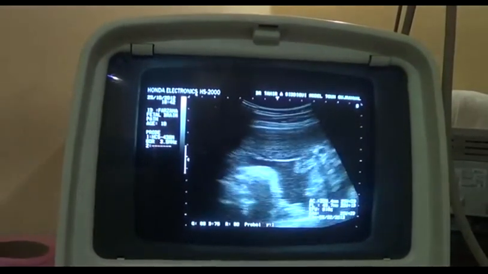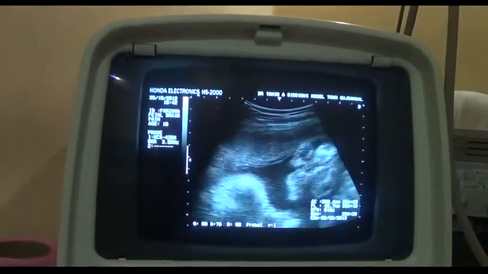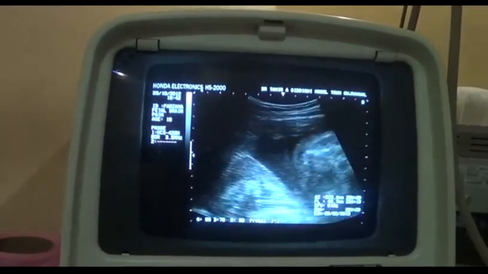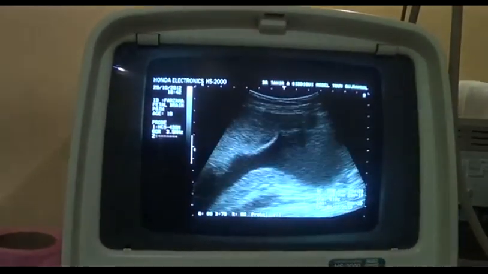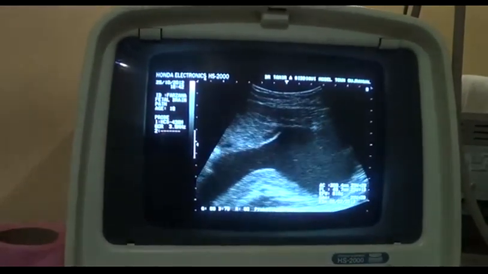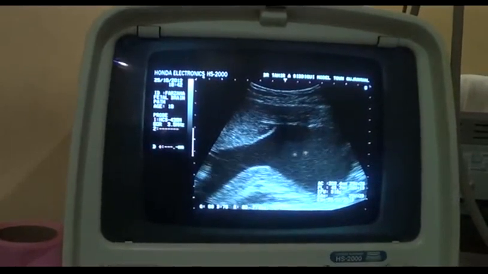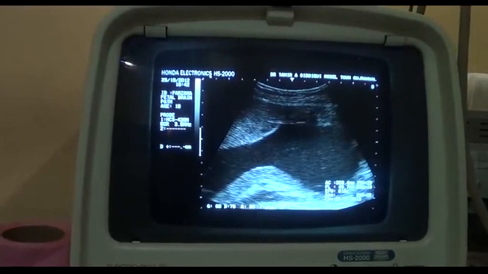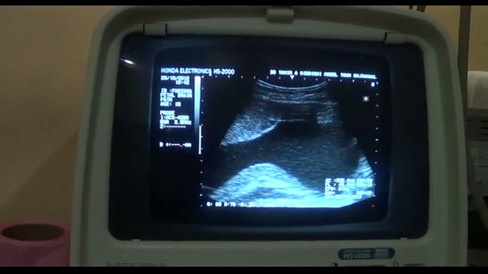If you are a keen observer, you will see that the amniotic fluid is filled with a lot of sand-like particles floating within. Amniotic fluid at 25 weeks gestational age should be as black as this region.